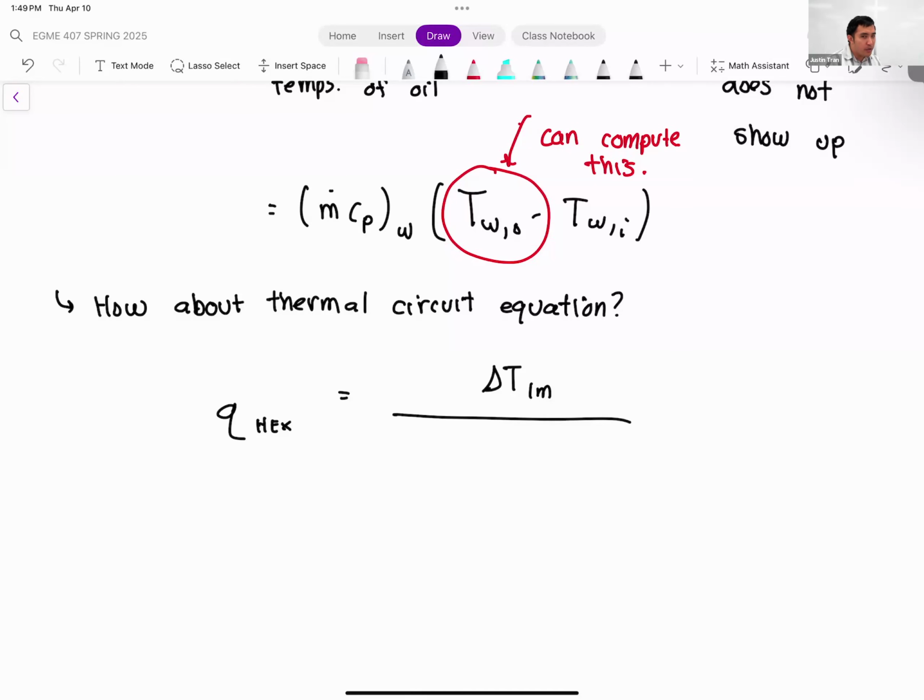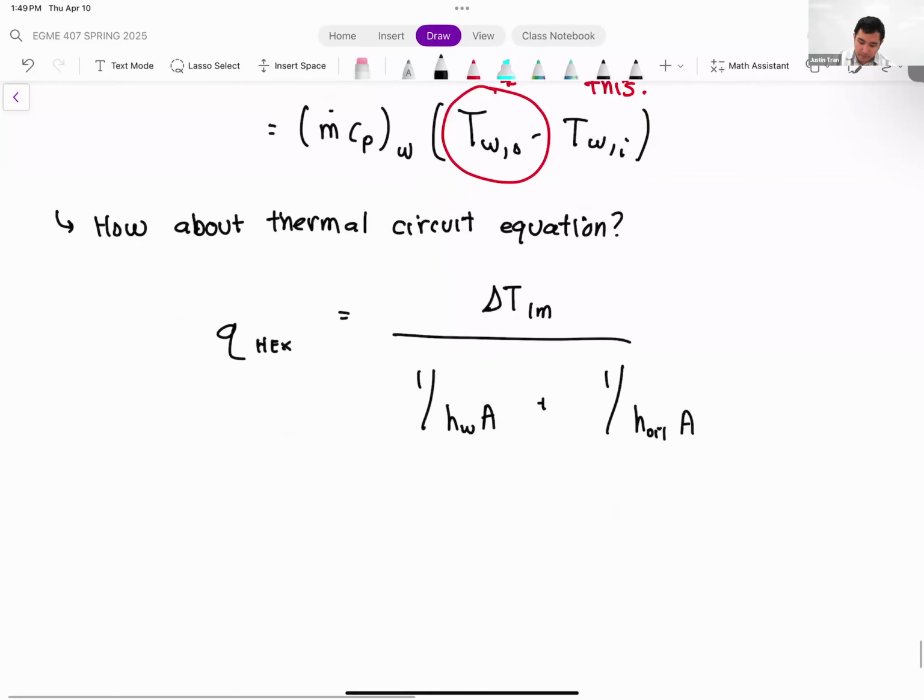Now, we're assuming that there's no conduction resistance through the wall. So we only have two resistances here. So we have 1 divided by H of the water times the surface area of that inner pipe, plus 1 divided by H oil times the surface area of the inner pipe. Where this A in this case is going to be the same for both fluids, because that's the interface in which they're interacting.